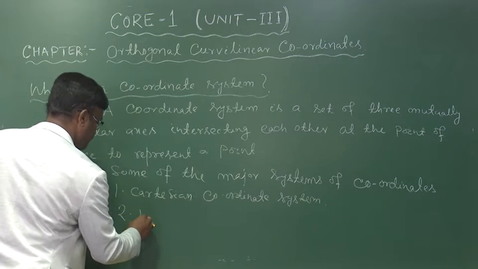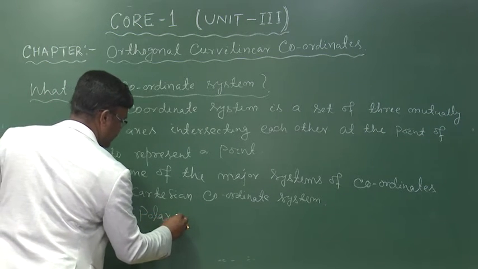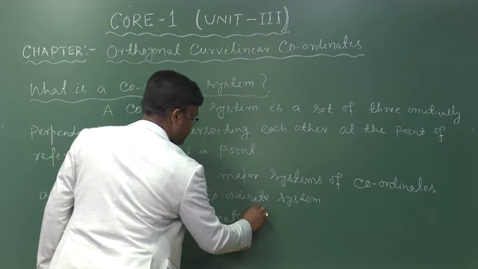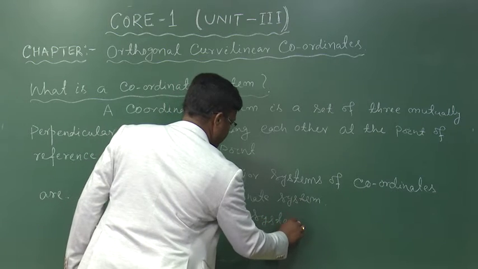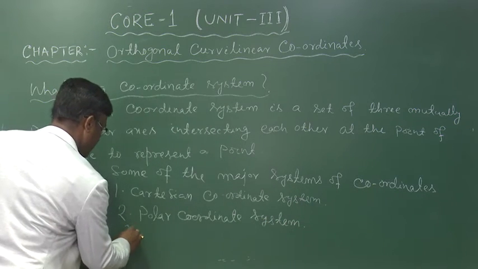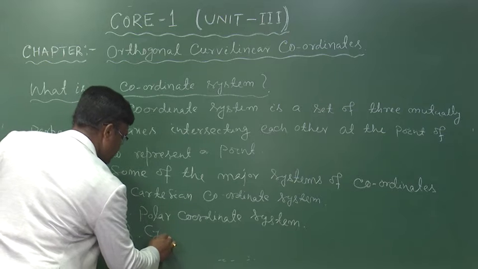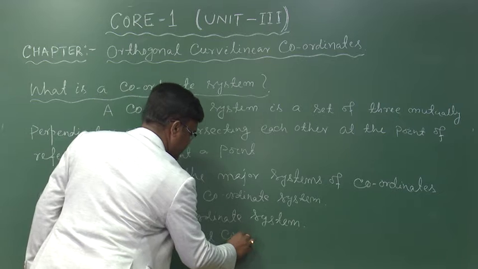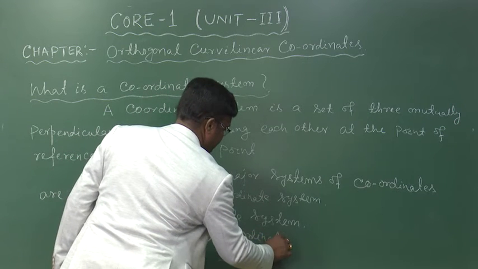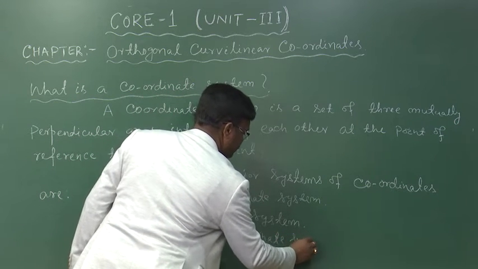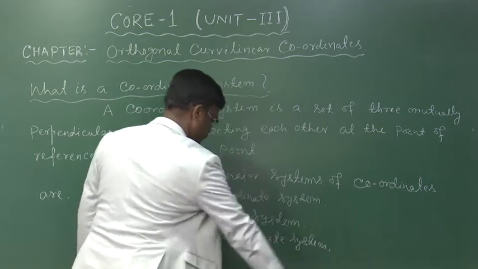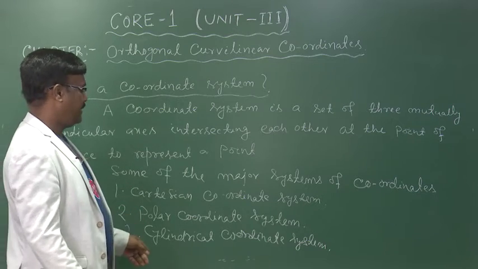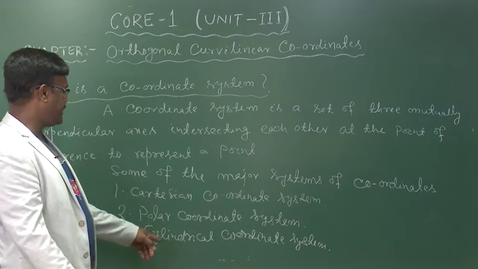Number two, the polar coordinate system. And number three is the cylindrical coordinate system. Cartesian, polar and cylindrical coordinate systems.